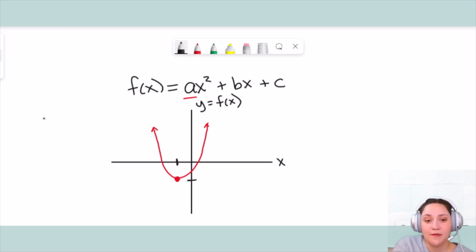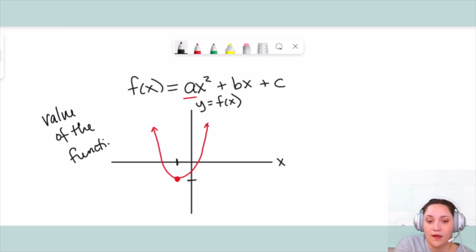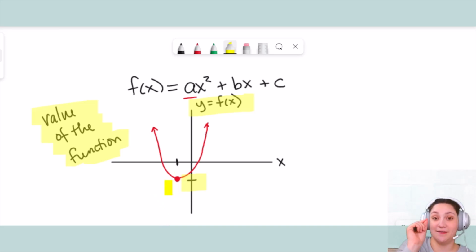So sometimes we use the term the value of the function. And that is referring to the y value right here. So although the x value is important because we need both x and y to identify any point on the graph, when we're talking about the value of the function, we're talking about that y value because y is the same thing as the function notation.